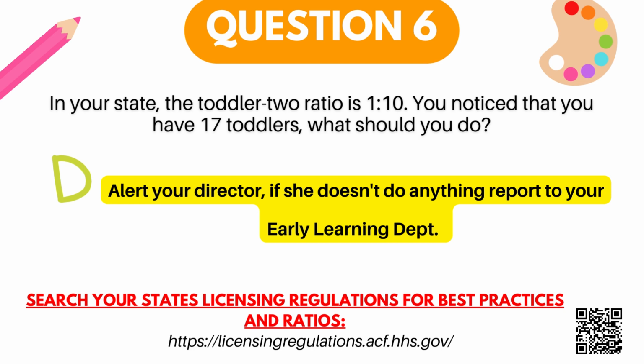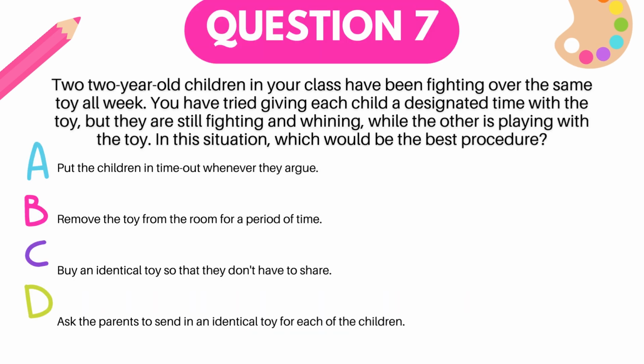Number 7. 2 2-year-old children in your class have been fighting over the same toy all week. You have tried giving each child a designated time with the toy, but they're still fighting and whining while the other is playing with the toy. In this situation, which would be the best procedure?